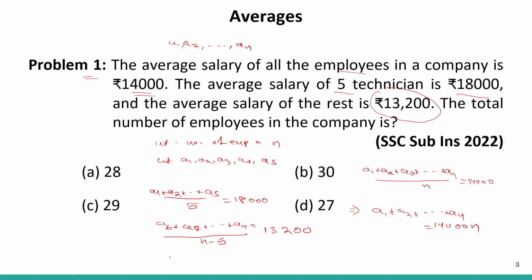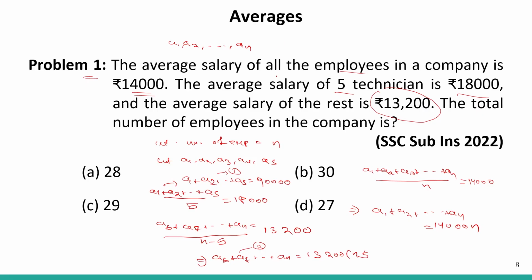And A6 plus A7 plus up to AN is equal to 13,200 into n minus 5. From the first expression, A1 plus A2 plus up to A5 is equal to 18 into 5, which is 90,000. This is equation 1 and this is equation 2.